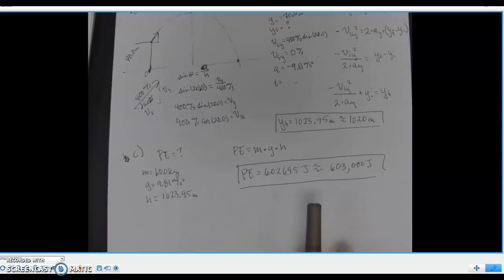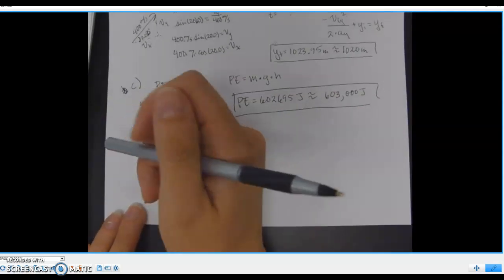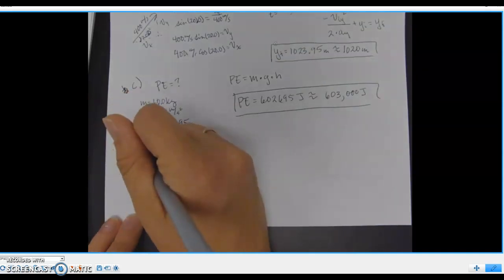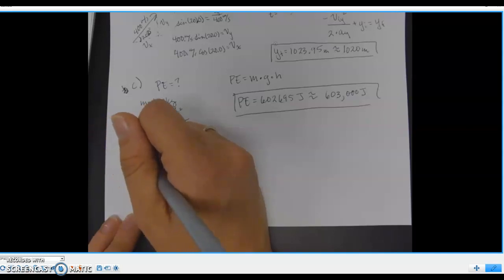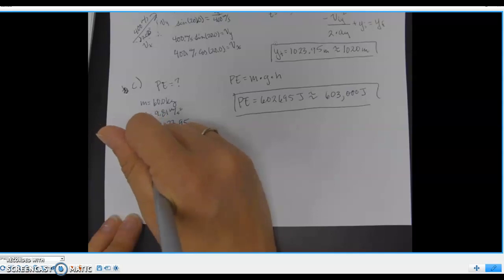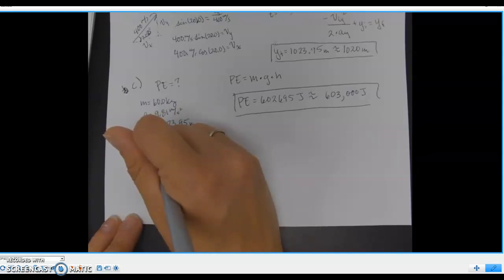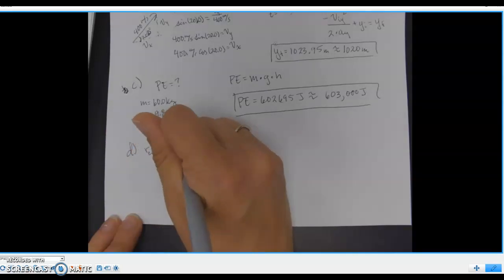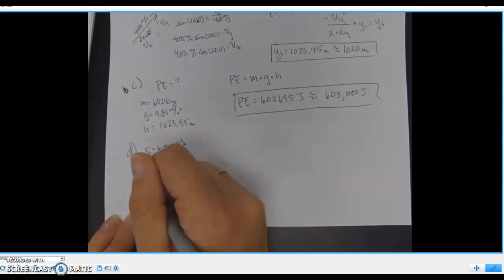So, we know that the radius of the Earth is 6.40 times 10 to the 6 meters.